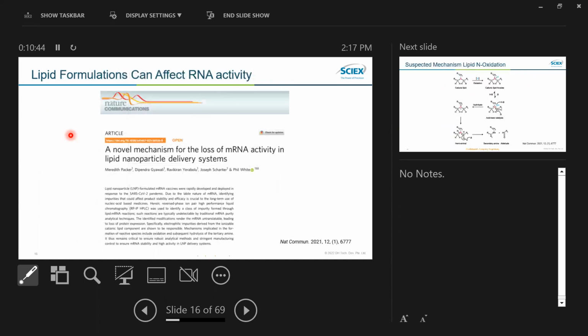So I guess this is December of 2021, so a little over a year ago, Moderna published this paper in Nature Communications, and they saw that they were observing a loss of mRNA activity, or loss of translation of mRNA material, within lipid nanoparticle delivery systems, and they proposed a mechanism for why this is occurring.